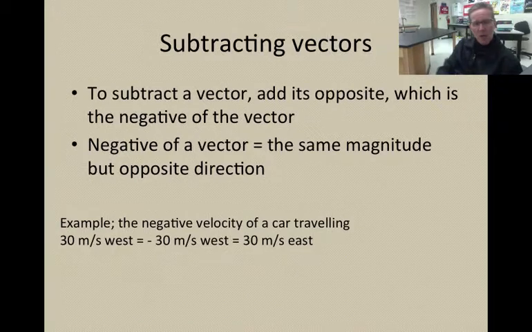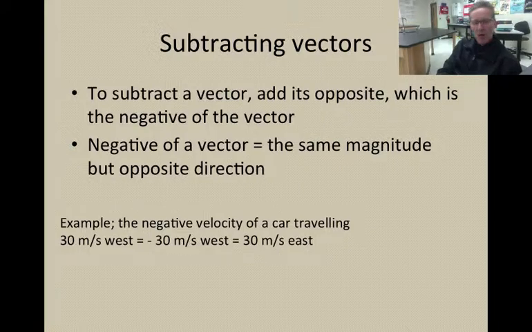Okay, so when we subtract vectors, basically you're adding its opposite, or the negative of the vector. A negative of a vector is going to be the same magnitude but opposite direction.